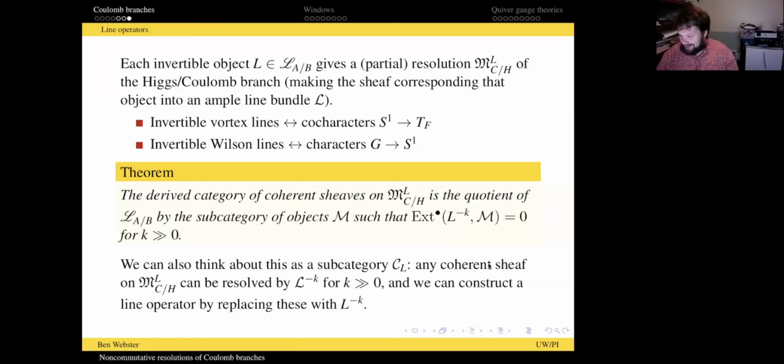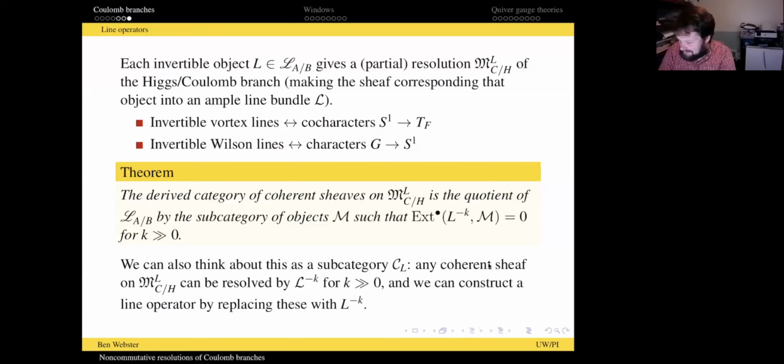Certainly, if you're only looking at the vortex lines, I think there will be ones that don't have any non-trivial Ext with any vortex line. Okay. I haven't thought extremely carefully about this.